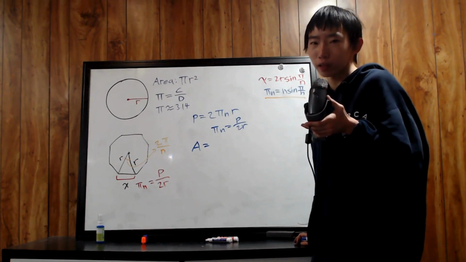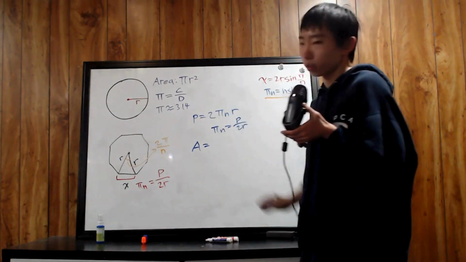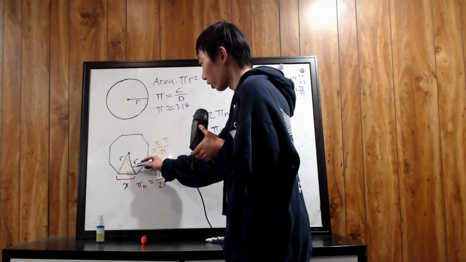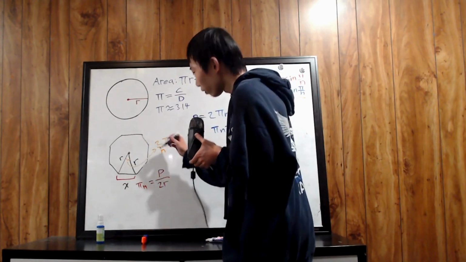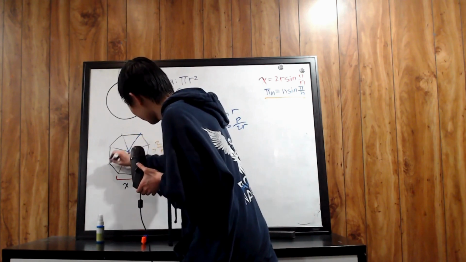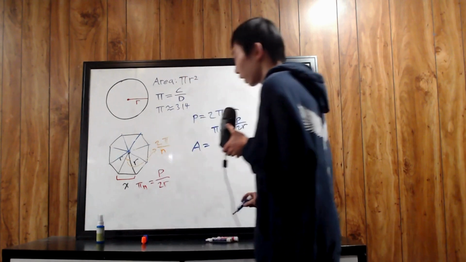I know a formula already exists, but how can we write this in a form similar to the area of a circle? Notice that earlier we had split this regular polygon into a triangle, right? Now if we were to split this up into all the identical triangles that we could split it up into, we just have to add up the areas of all of these triangles and we get the area.